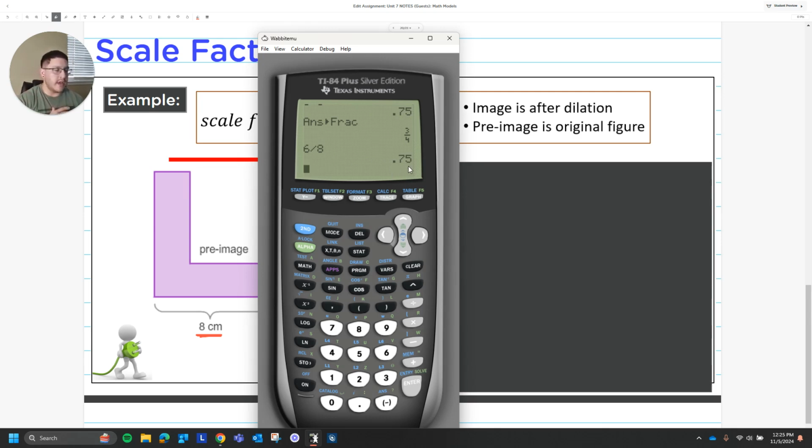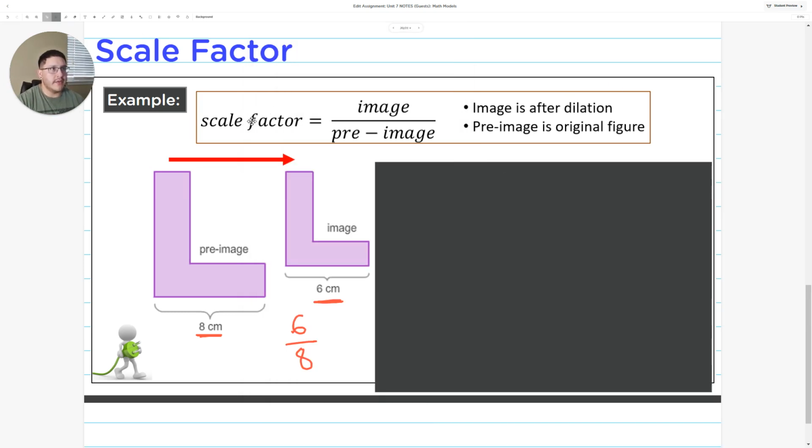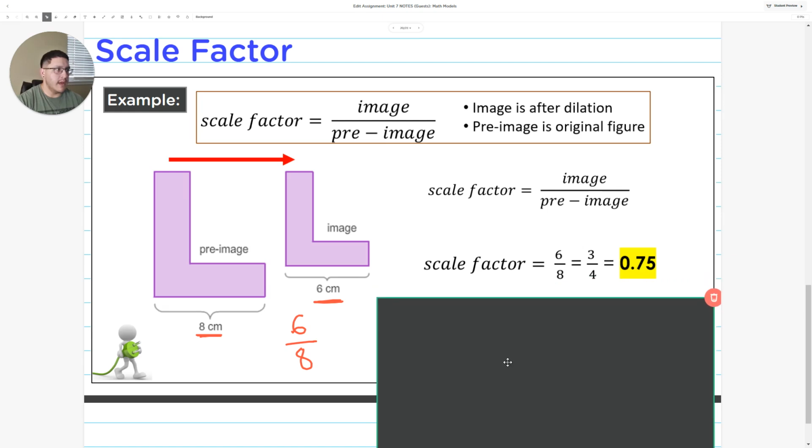Let's say we want this in a reduced fraction form. What you can do with the TI-84 is hit math, enter, and you will get a reduced fraction of 3/4 for the scale factor. Either one, it doesn't matter, just whatever the problem calls for. But ultimately, the scale factor is 0.75.